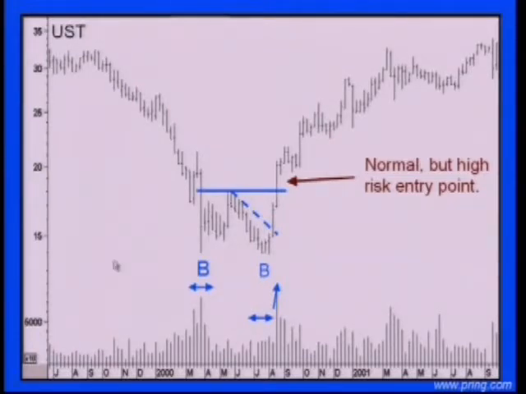Although you don't know what's going to happen after this, the break above here is a great place for going long, because your risk is only down to here, as opposed to buying here where there's no obvious place to put a stop because there's no obvious support point. And just taking a 50% retracement as your stop point would be quite difficult too. So a better entry point is on the breakout from this torture trend line here.